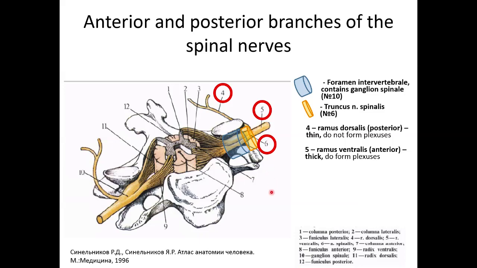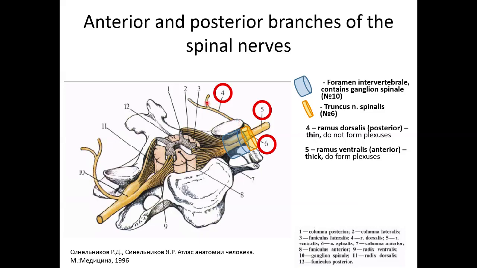So most important information now is that nervus spinalis, where it leaves the foramen intervertebrale, divides into 2 rami.